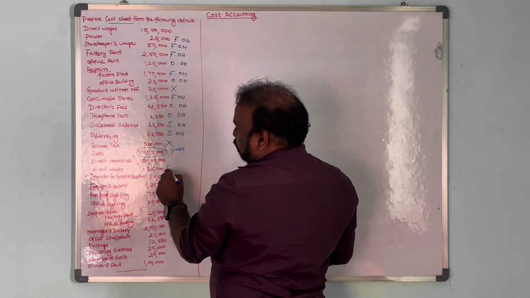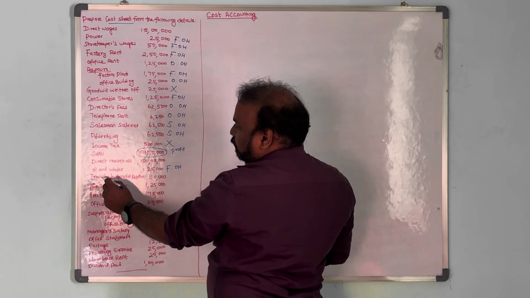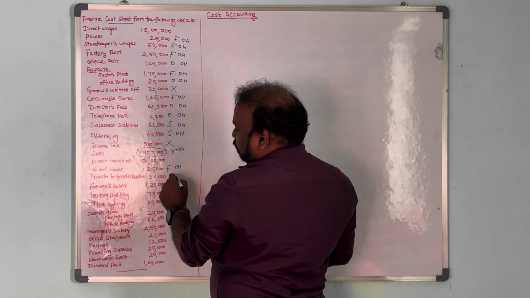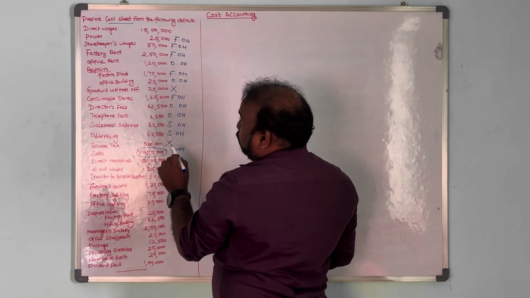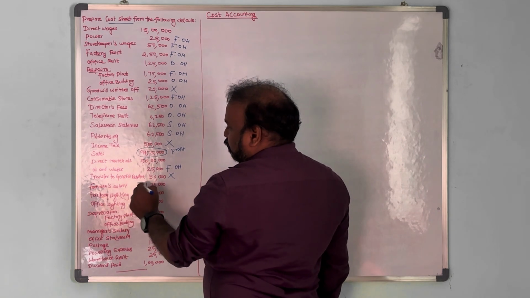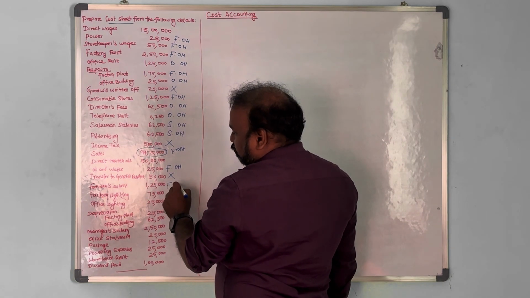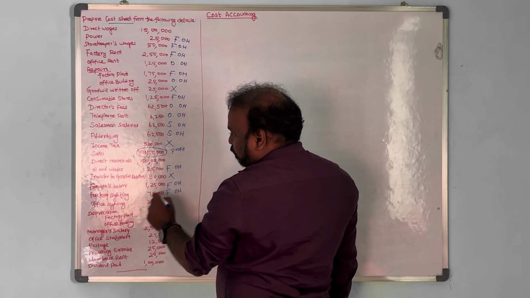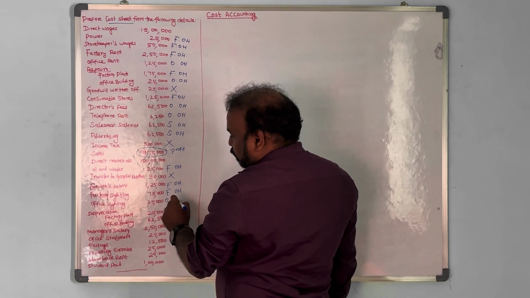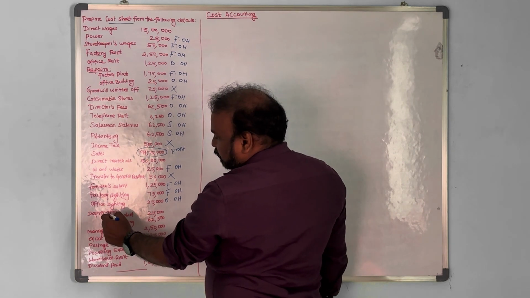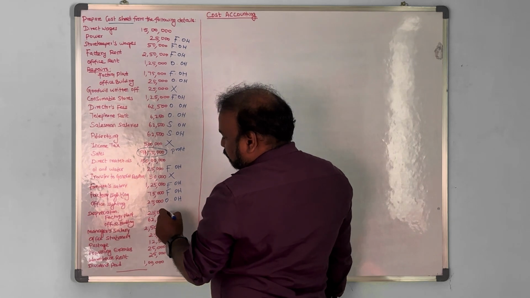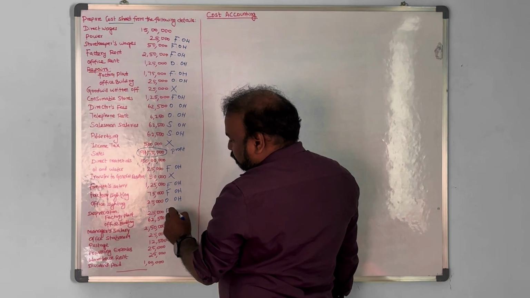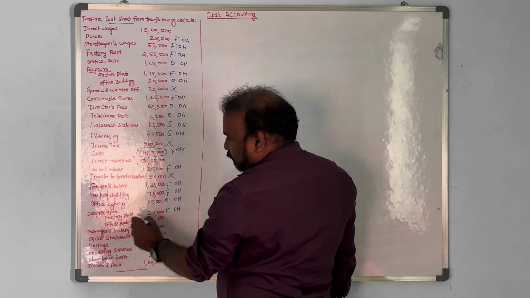Oil and water, factory overhead. Transfer to general reserve also should not appear while preparing the cost sheet. Then foreman salary, factory overhead. Factory lighting, factory overhead. Office lighting, office overhead. Depreciation on factory plant comes under the heading factory overhead.